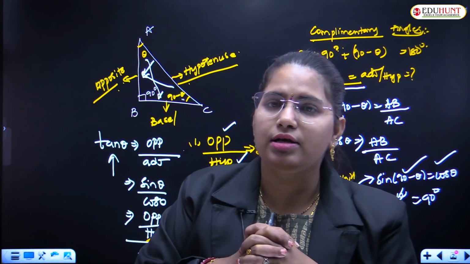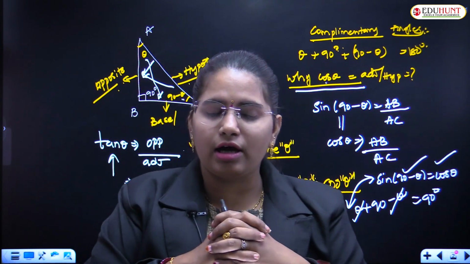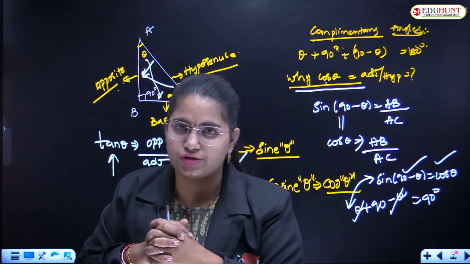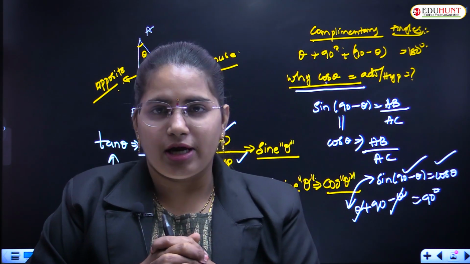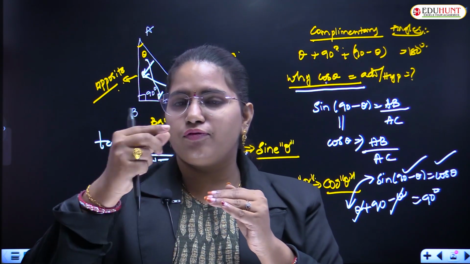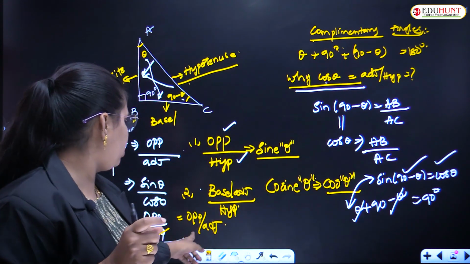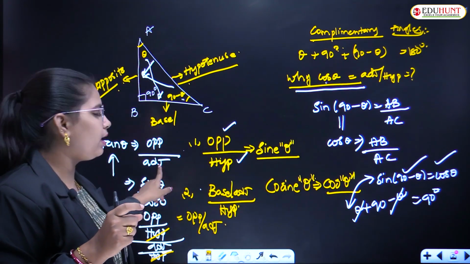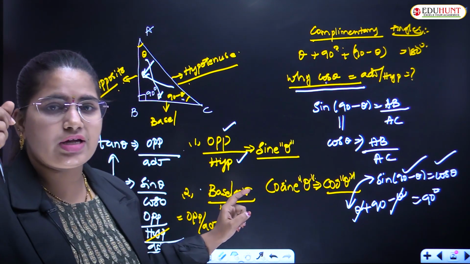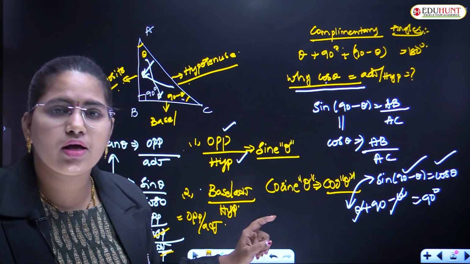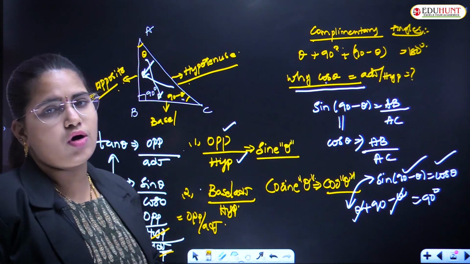Clear? And the third one, tan theta, is obtained by comparing opposite side to adjacent. Right? And this tan theta is even equivalent to sine upon cos theta.